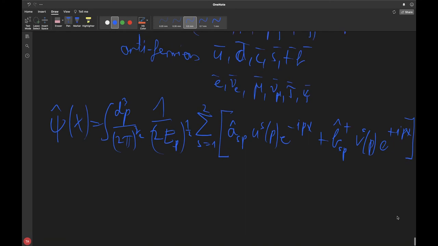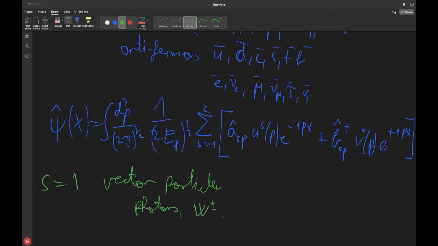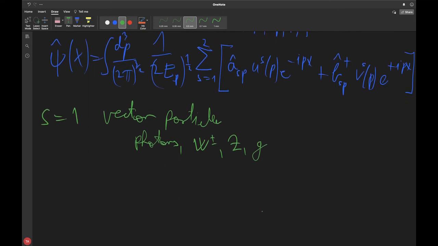So the only thing which we have not discussed yet is the so-called vector particles. So if the spin is 1, this is called a vector particle, and what we have in the standard model is the photons. We have the W plus minus particle, the Z boson, and the gluons. So these are essentially responsible for the interactions.